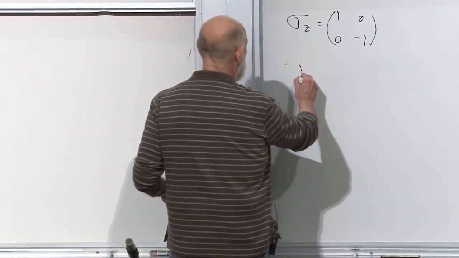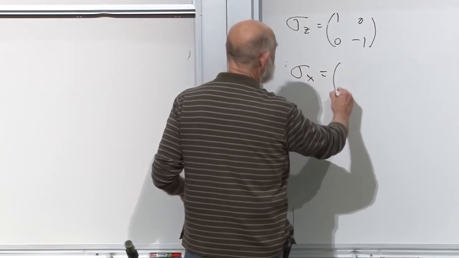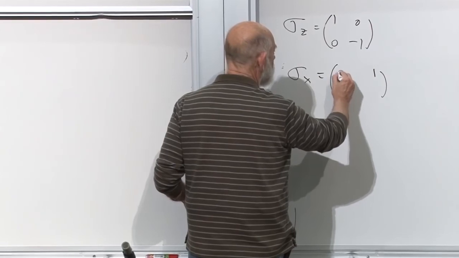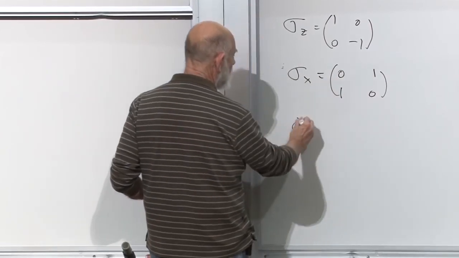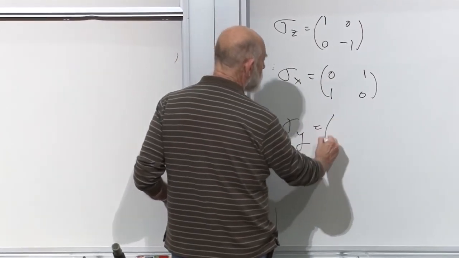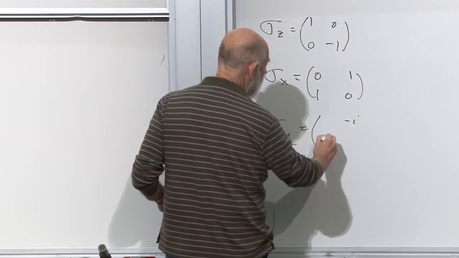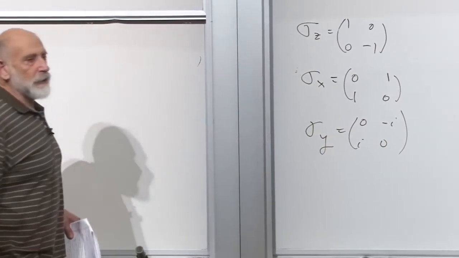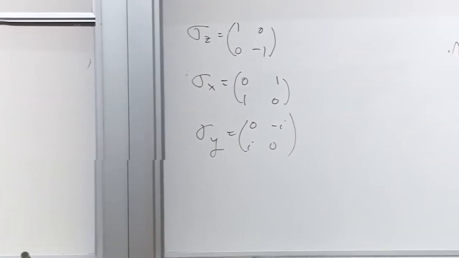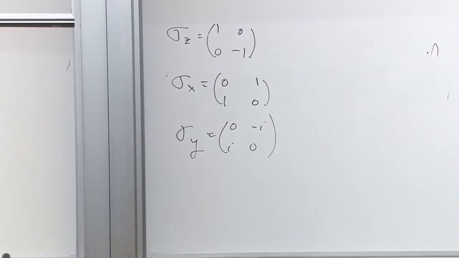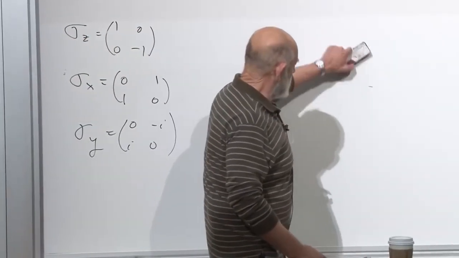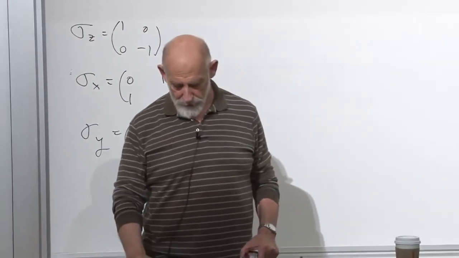Okay, then there was sigma x. Sigma x was 0, 1, 1, 0. And finally, sigma y is equal to 0, -i, i, 0. There are ambiguities in these. You can rotate them and change them, but nothing important happens.